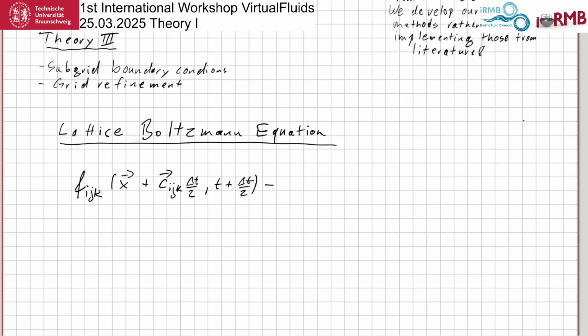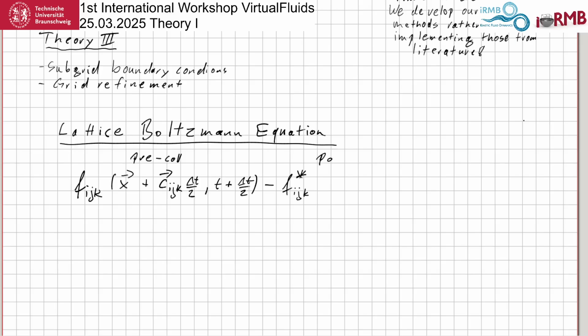This minus, so this is what we call a pre-collision state. So this is the state of the population before they undergo collision. And on the other side we have, or on the same side, because we put everything on the same side, the post-collision state.